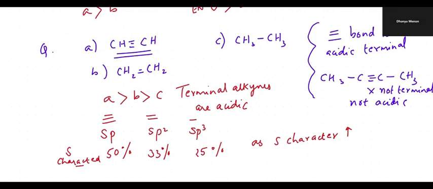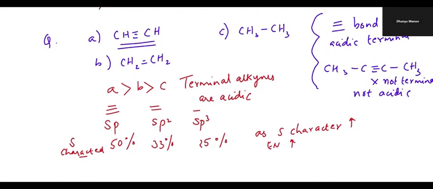So as S character increases, electronegativity also increases. So if electronegativity increases, what happens? The species becomes more stable, and it can lose electrons easily, or lose H plus ions easily.